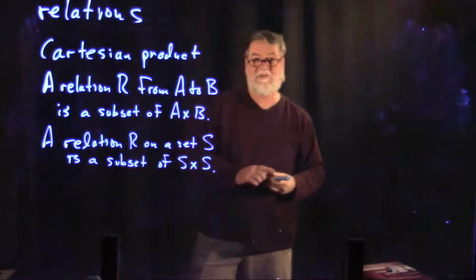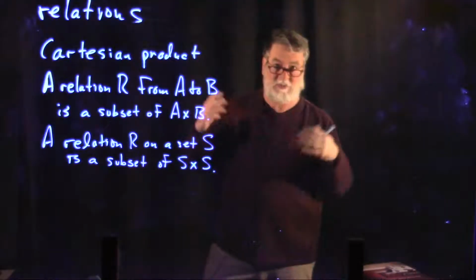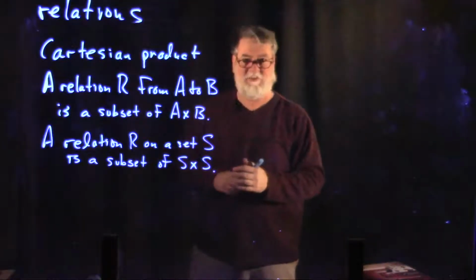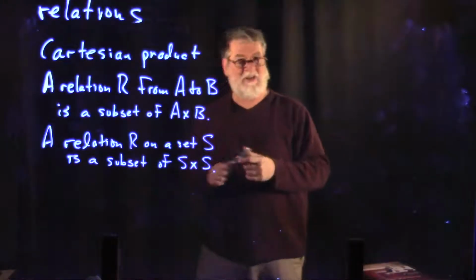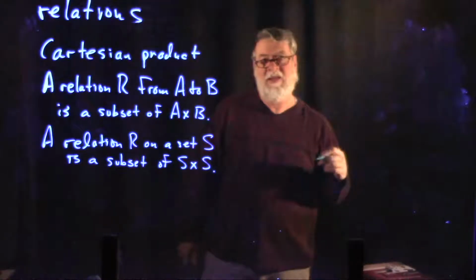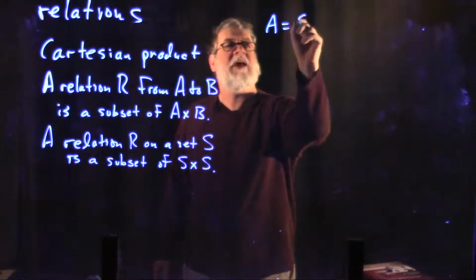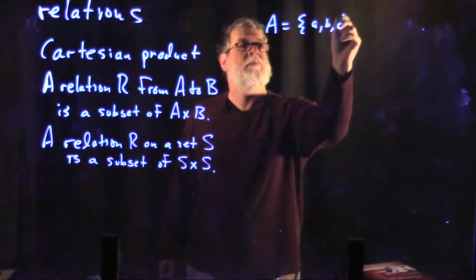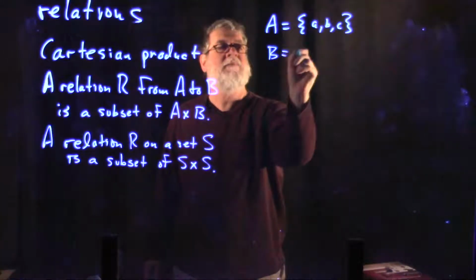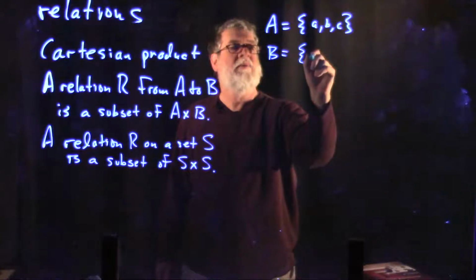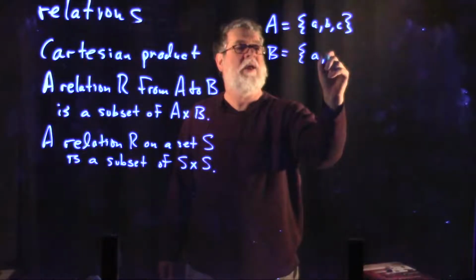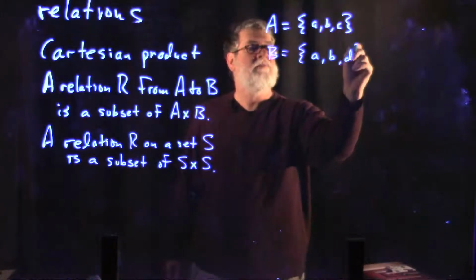All right, so let me give some very specific examples, and this won't make any sense yet. I mean, it'll make sense, but you'll be like, why are we even looking at this? And then I'll show you what we're really talking about. So let's suppose that A is {A, B, C} and B is {A, B, D}.